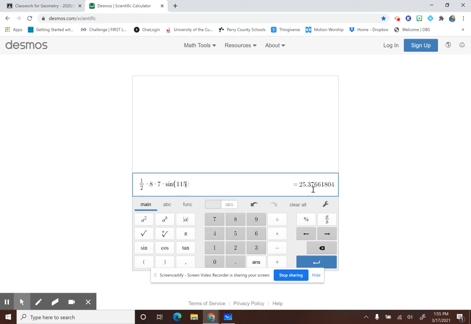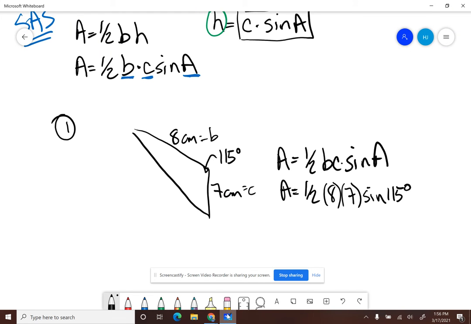And notice, ladies and gentlemen, what answer it gives me, 25.37. Just make sure this is in degree mode, and it should be automatically. But notice it's 25.37. If I rounded to the nearest tenth, I would end up with 25.4. So my area is 25.4 square centimeters, okay?